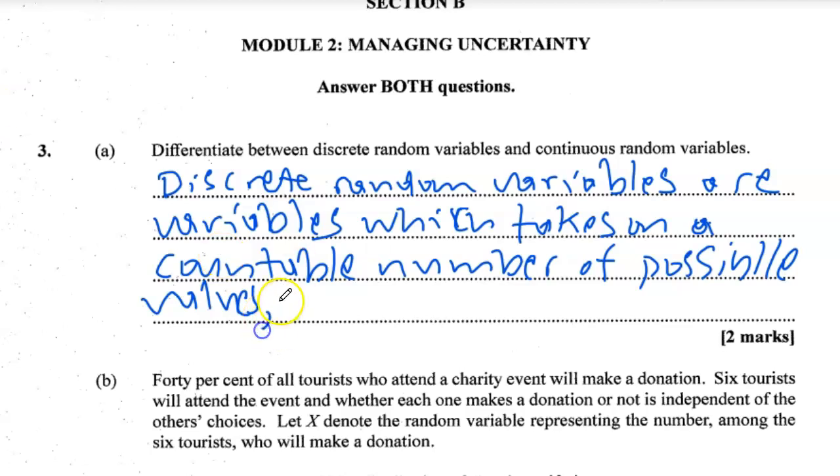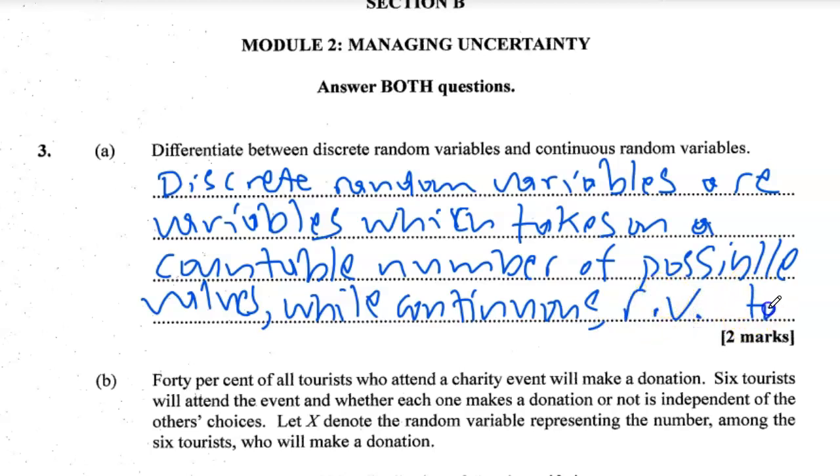Alright, so while continuous random variables, let's put RV, abbreviate random variables, take on an infinite number of possible values.